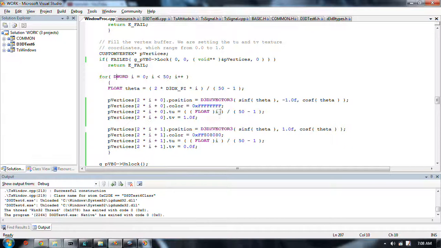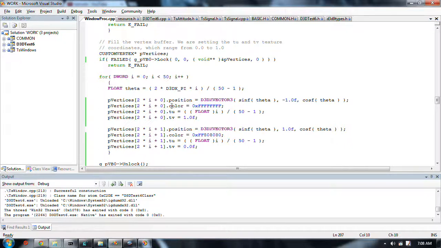The first one with y equals 0 is u equals 0 and v equals 1. So if that was a box, that top first point corresponds with texture coordinate x equals 0 and y equals 1. I don't know, you'd think it'd be upside down. It might be. And the bottom one is 0, 0.